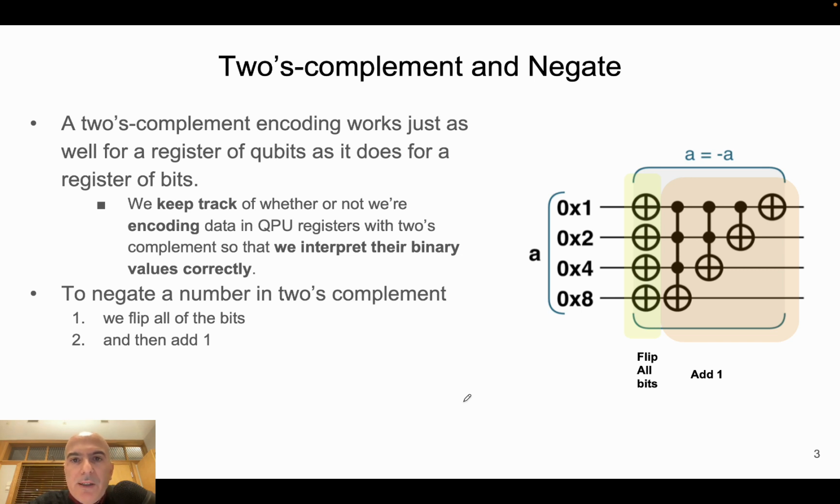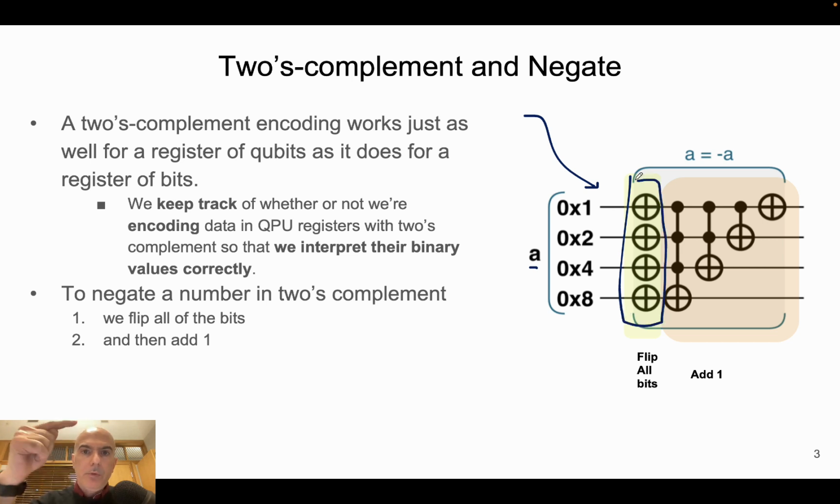There is a very simple circuit to start from a positive integer number and then negate it, shown on these slides. We have, in this case, a 4-qubit quantum register called A. What we do is apply first a flip of all bits.